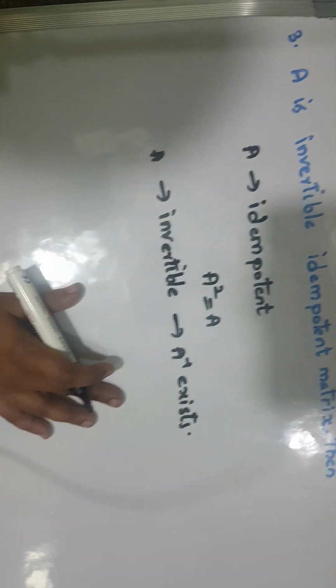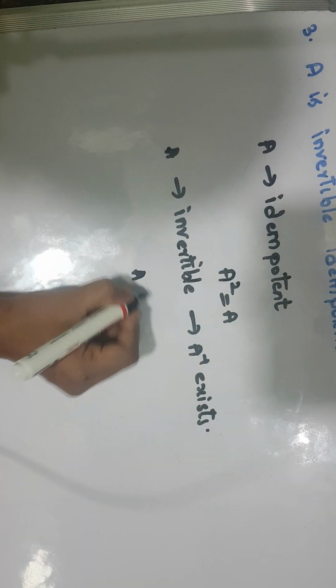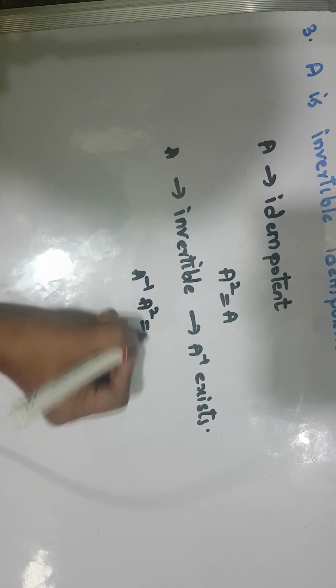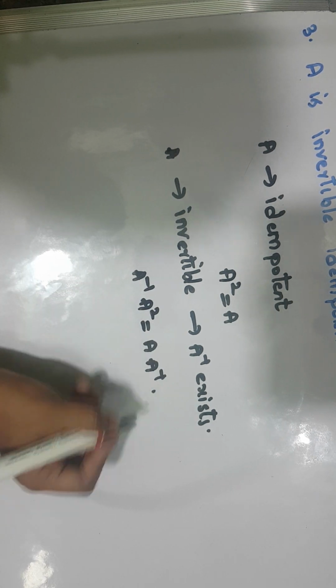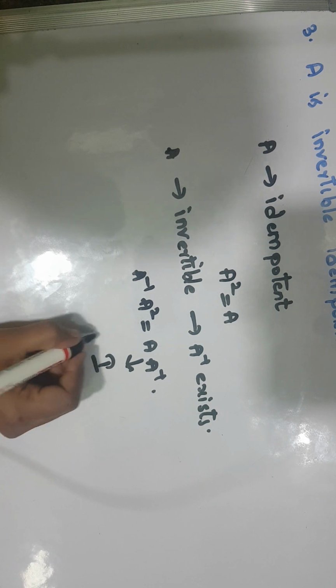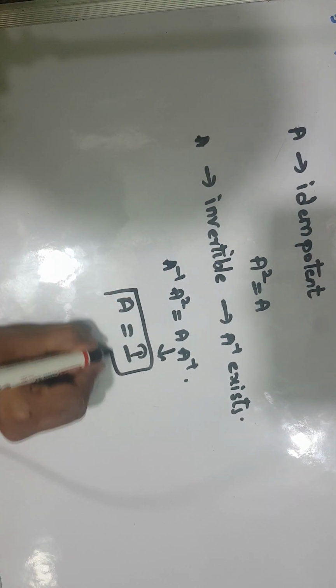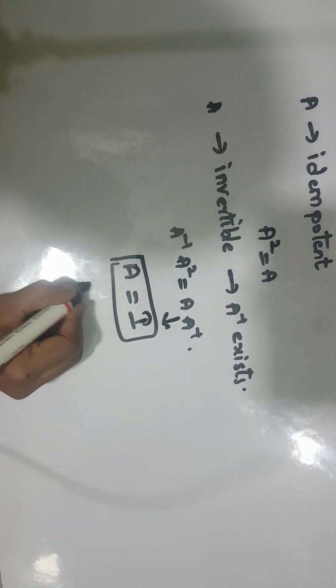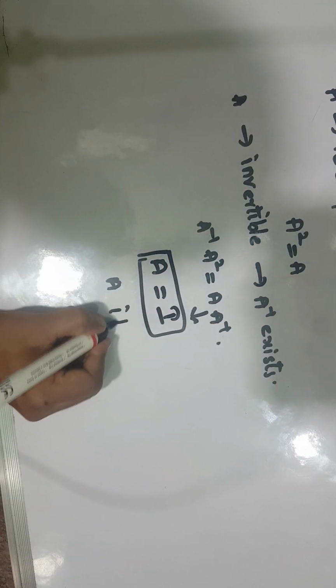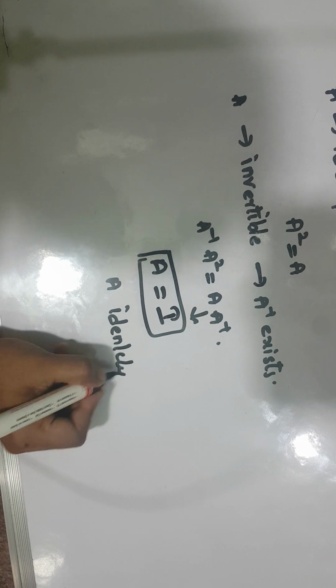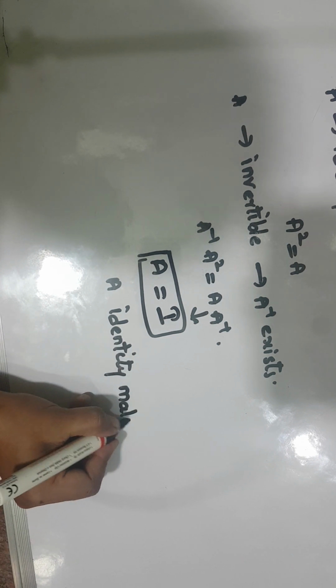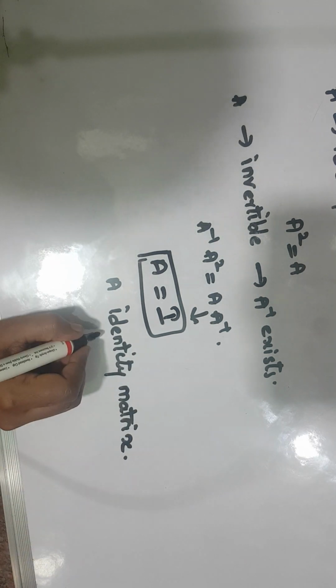Multiplying A inverse on both sides, A inverse into A square is equal to A into A inverse. What does this value become? I. And this value becomes A. So A is equal to I, meaning A will be the identity matrix.